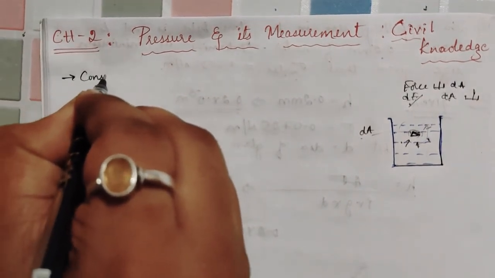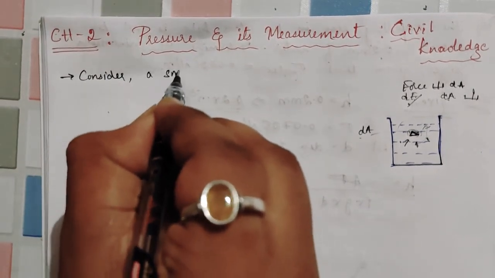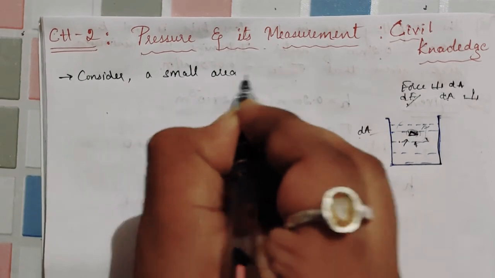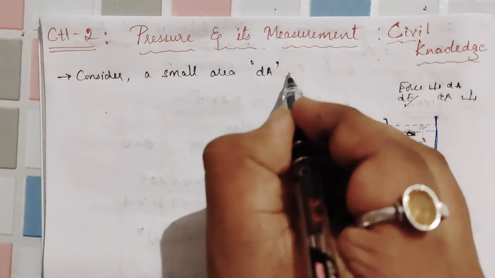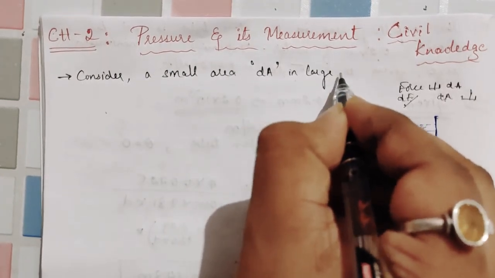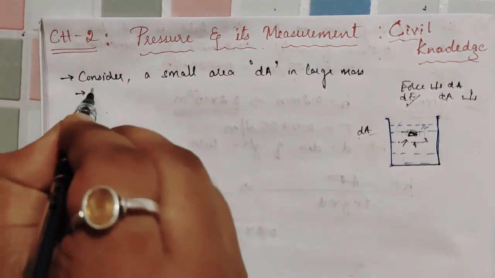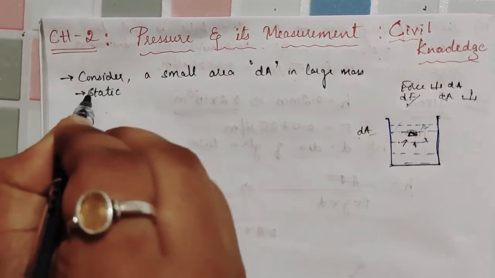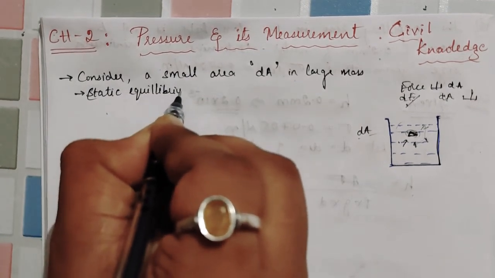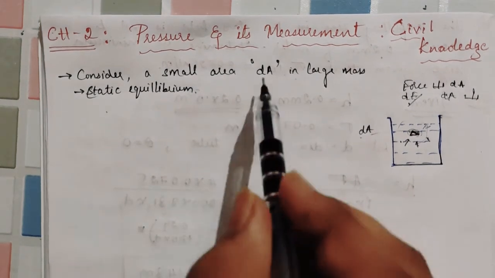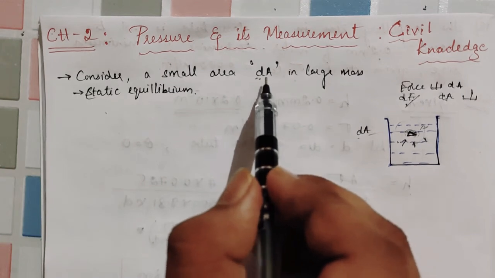We will consider a small area dA in the large mass of the liquid, which is in static equilibrium. It is not flowing. I want to tell you that the water is not flowing, it is in static equilibrium. So I consider a small area dA.